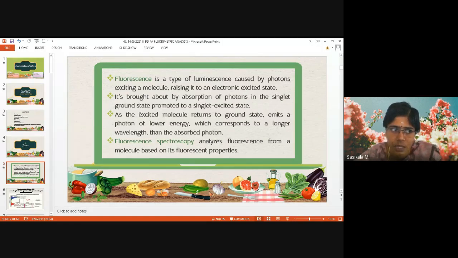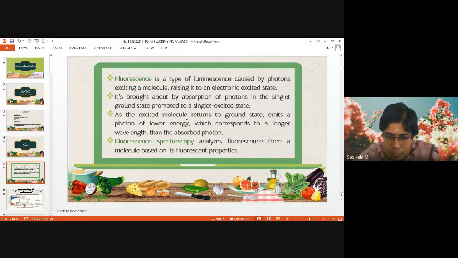E equals h nu, right? That means frequency. When energy decreases, the frequency of radiation decreases, so what happens with the wavelength? Wavelength will increase. So it becomes longer wavelength. So the molecule will emit the photon of lower energy.